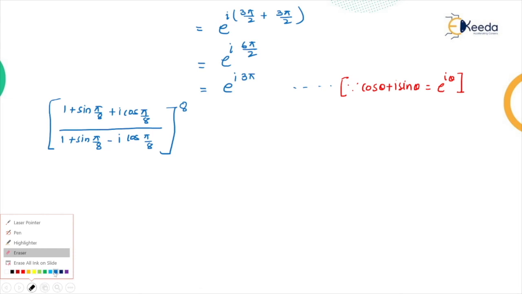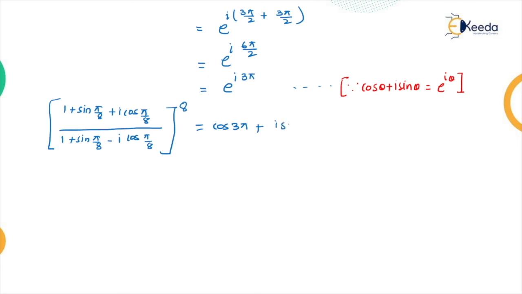Lastly you get cos of 3 pi plus i sine 3 pi, and by using the step of Euler's theorem, this is the required answer.